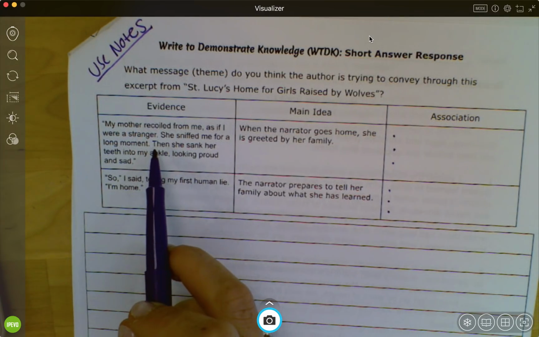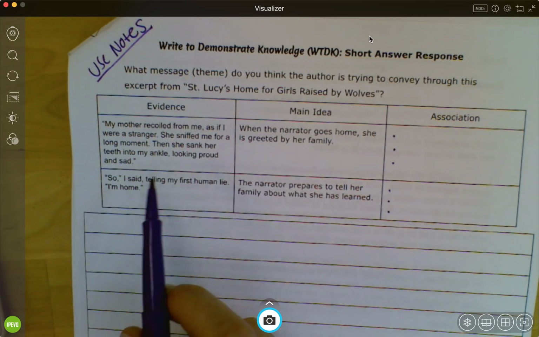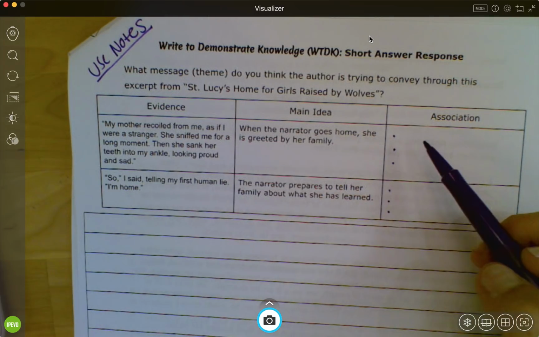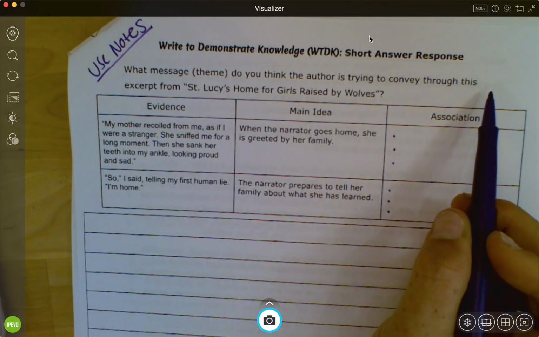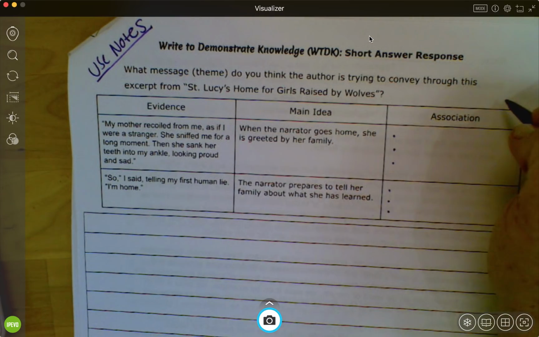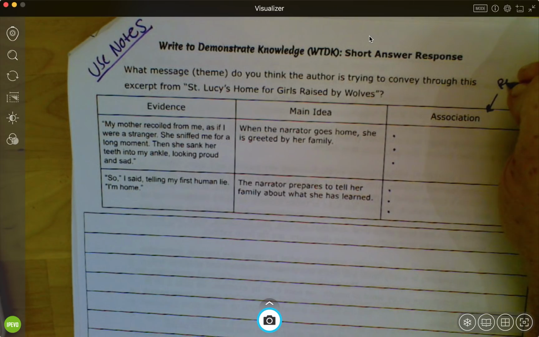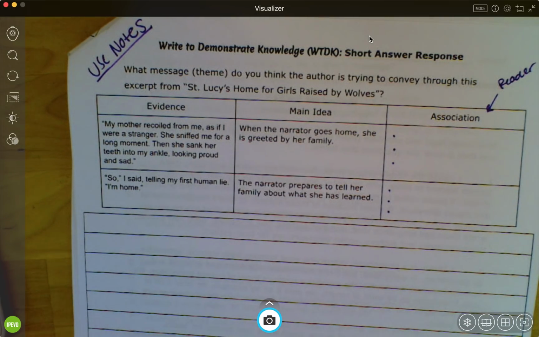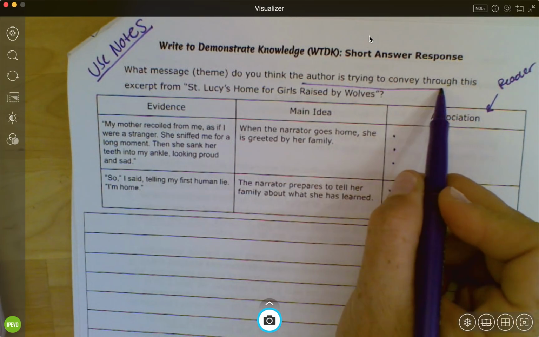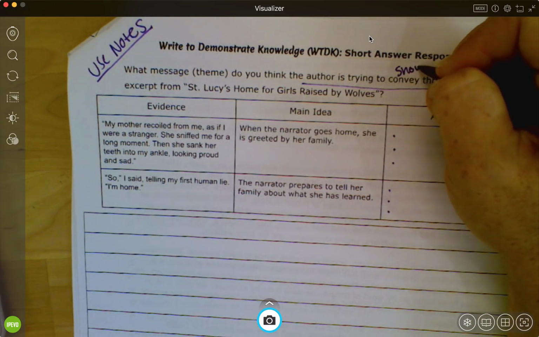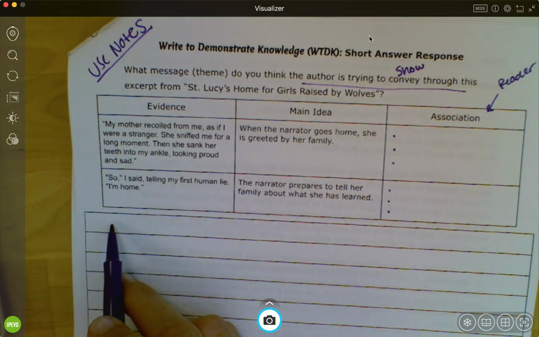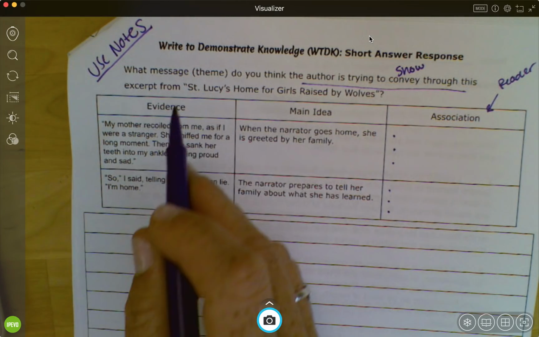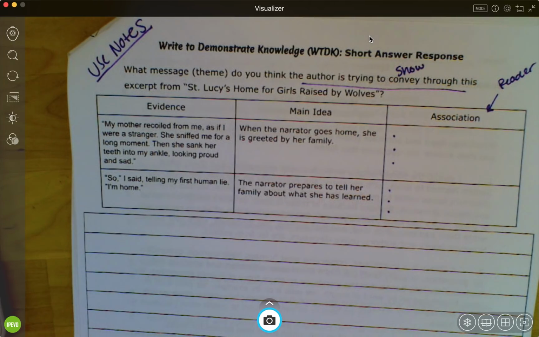So go into the story, look at where this quote is in the passage, and then think about what the associations are that the author is trying to get us to feel, because if the author is conveying a message, this is how we feel as the reader, right? So what is the author trying to convey or show through St. Lucy's? What are they trying to tell us? Start not with the word I, but use the words from the question and use those notes, all right?